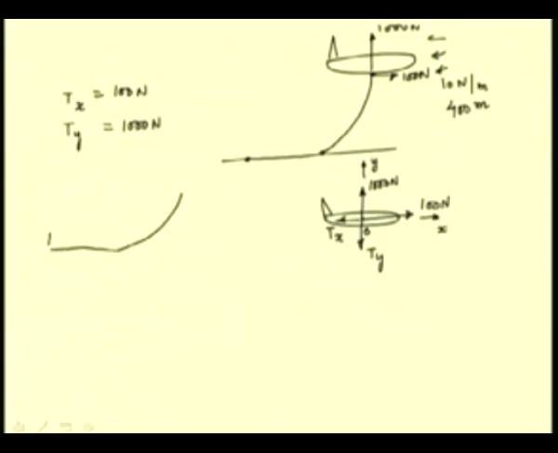Where certain portions of the cable is lying on the ground and the remaining cable is hanging, and we have these forces developed by the blimp, and we are considering this as our origin, and this cable is uniformly loaded by its self weight, which is 10 newtons per meter.